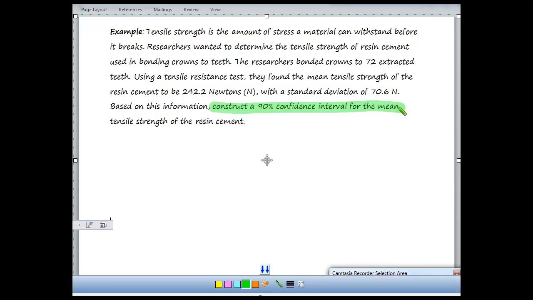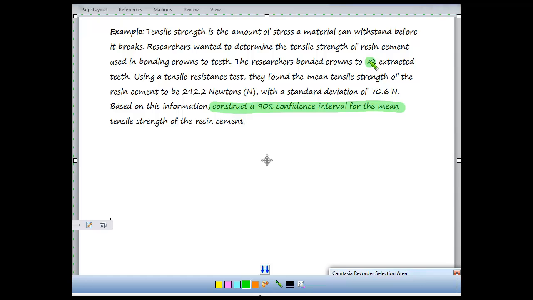So when we read back through this problem, it says using a tensile resistance test, they found the mean tensile strength of the resin cement to be 242.2 newtons with a standard deviation of 70.6. What is this describing? It's actually describing the 72 extracted teeth.